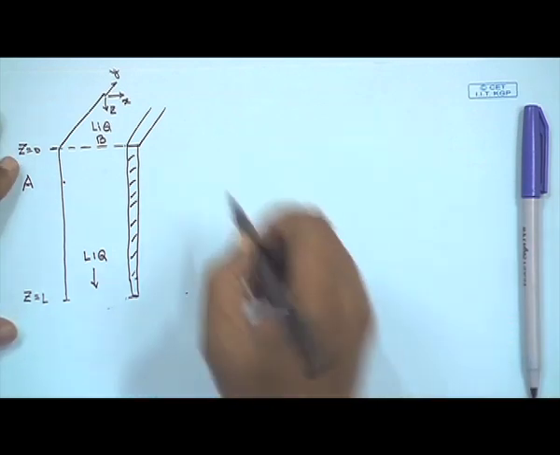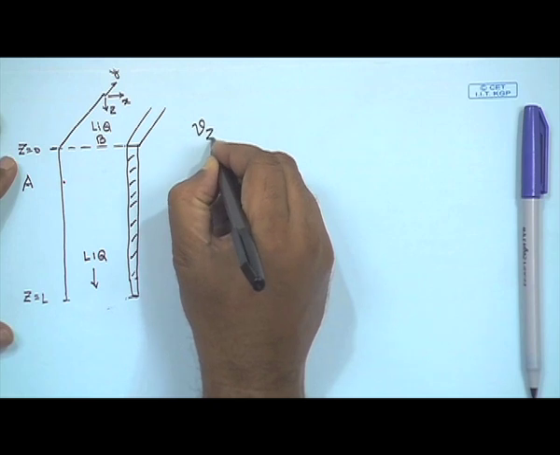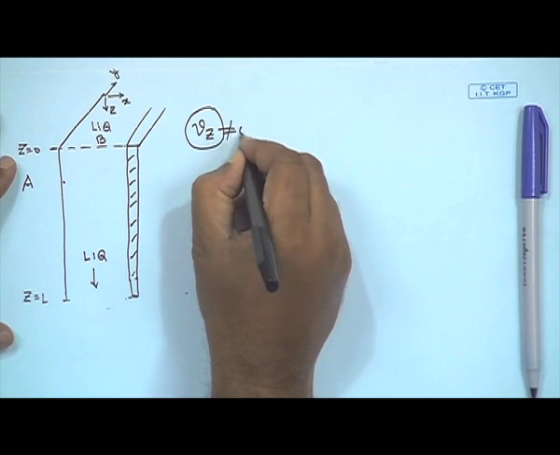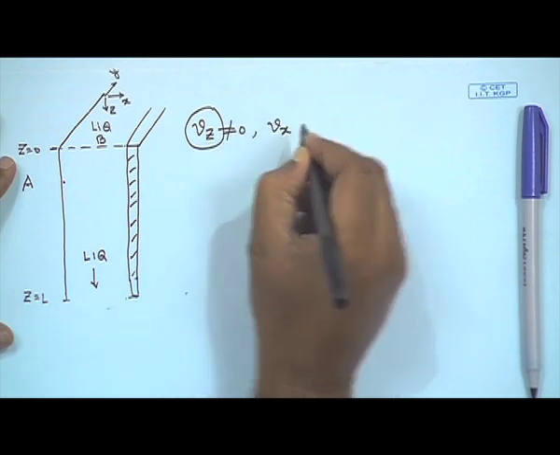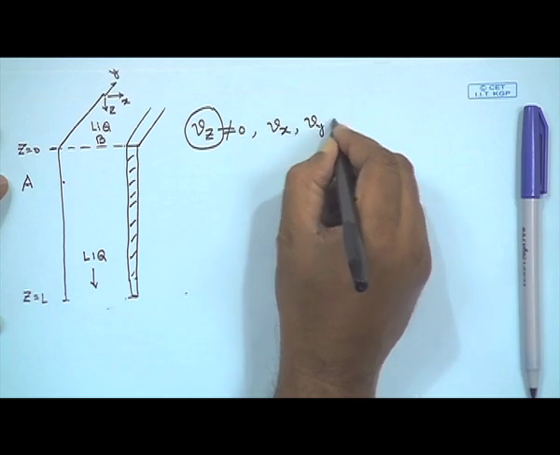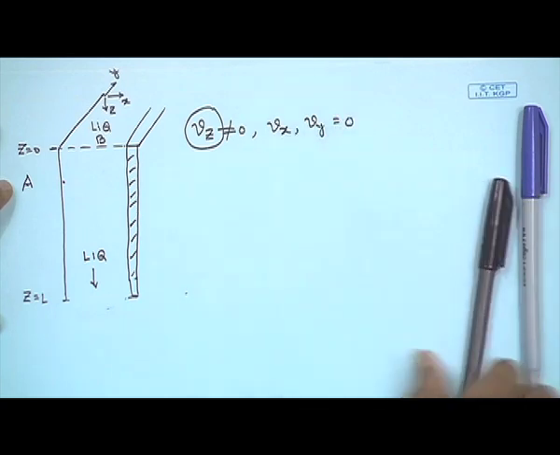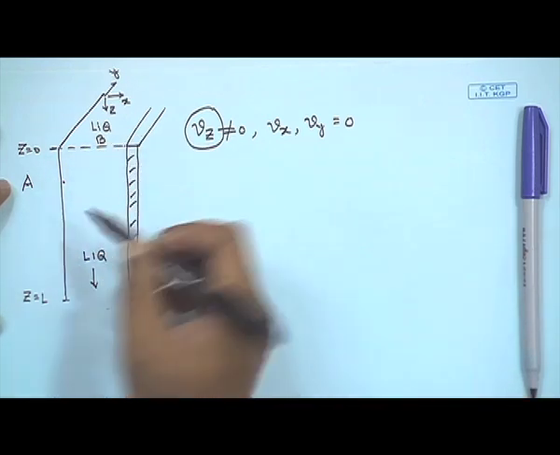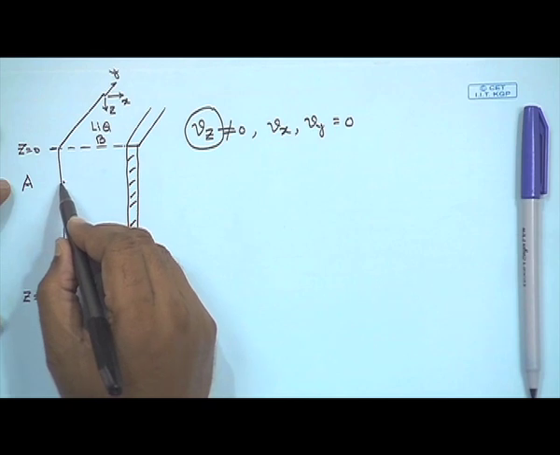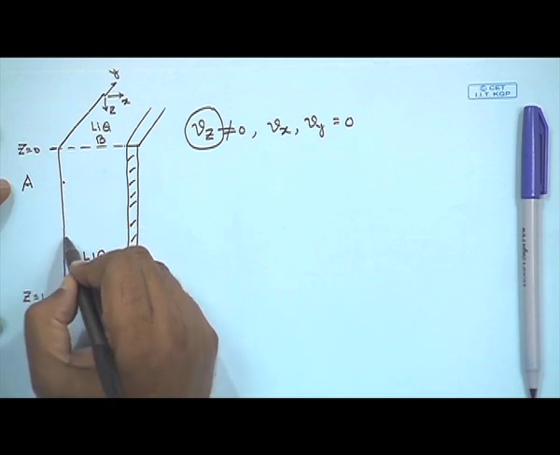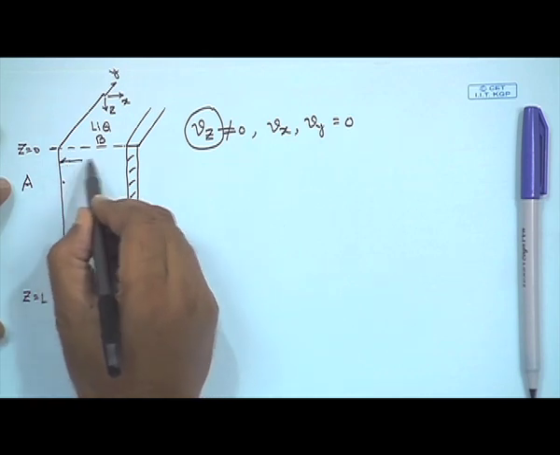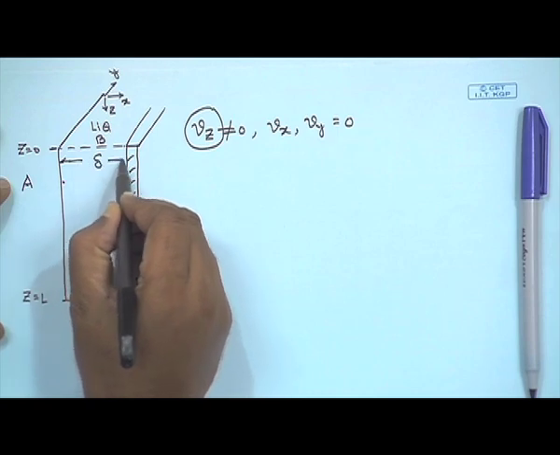And we are going to assume that I have only one component of velocity Vz which is not equal to 0, but both Vx and Vy are equal to 0. So it is a one dimensional motion of the liquid that, after A gets dissolved, carries it in this direction, and the thickness of the film is delta.